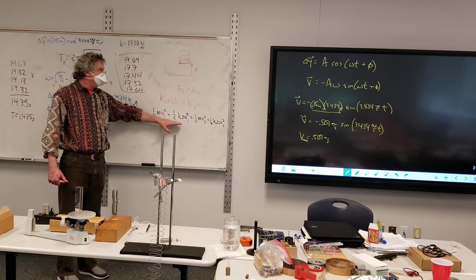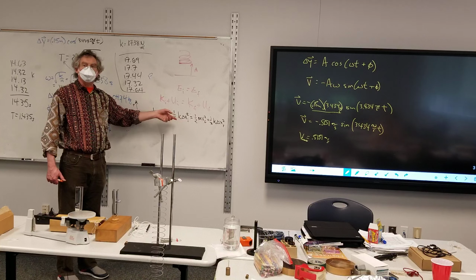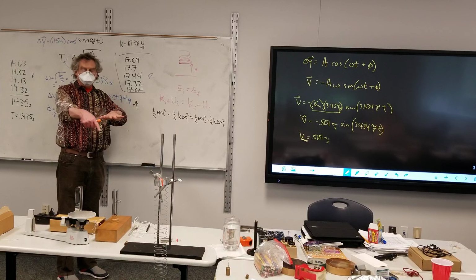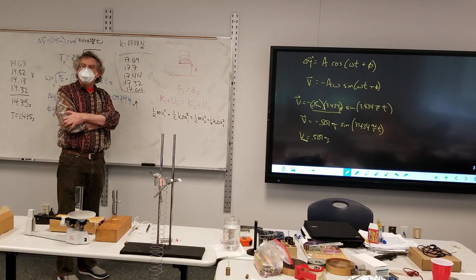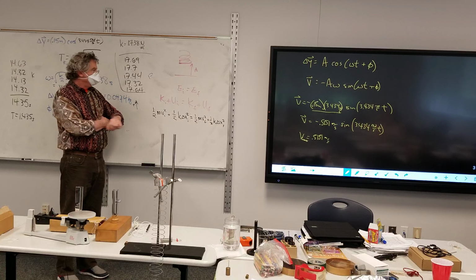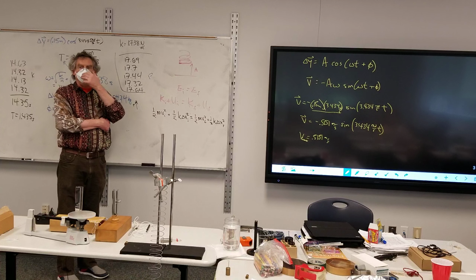You said we don't have to do mgh if delta x is from the equilibrium position with the mass on it. Is that because it's at the lowest point, or because it's not moving up and down? It's not, because it's not accelerating at that point. And there's a video where I show that the mgh cancels out.